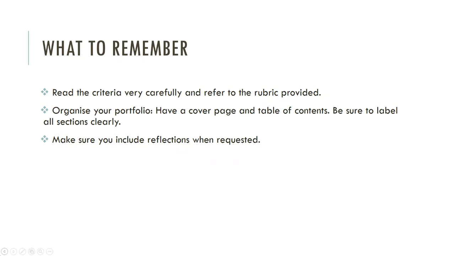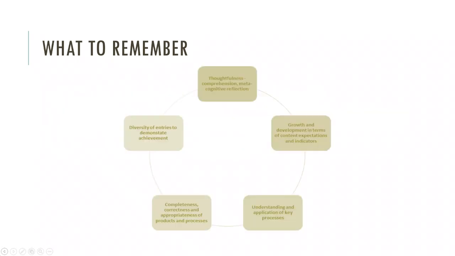It's also very important that when you think about the reflections that you need to include, you go back and make sure that you understand what your lecturer expects in the reflections. More often than not, your lecturer will be pretty pointed in terms of what types of things they want to see in these reflections. So they'll give you hints in terms of what it is that you need to actually include. So remember that when we think about your portfolio, we think about it holistically.